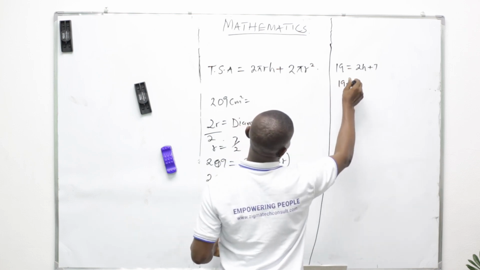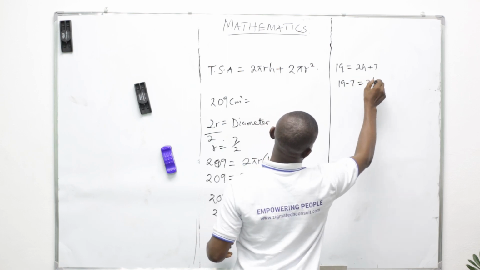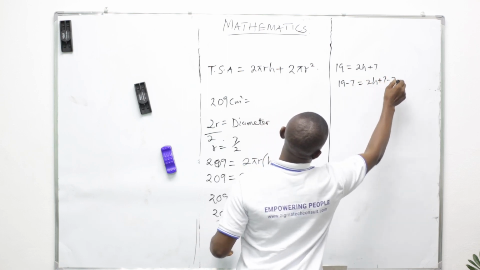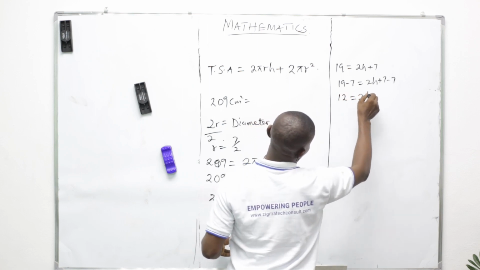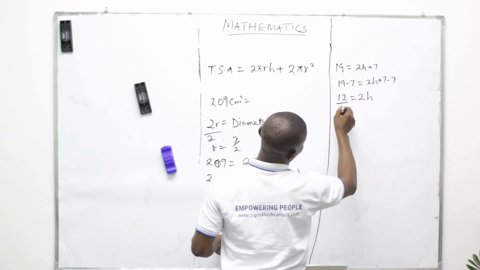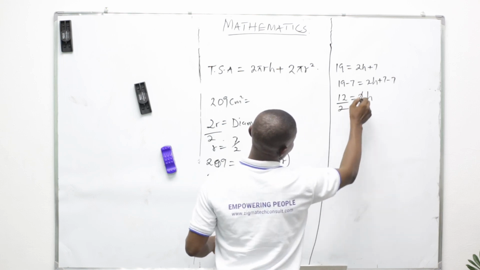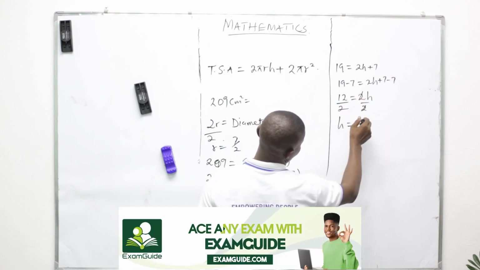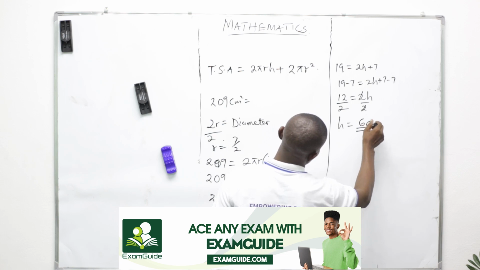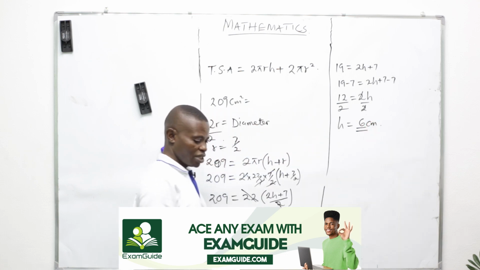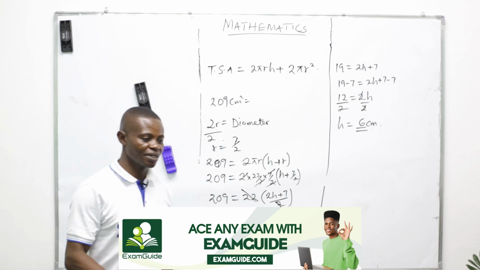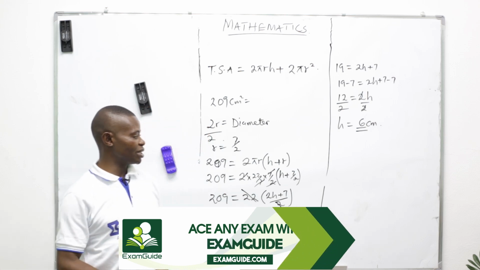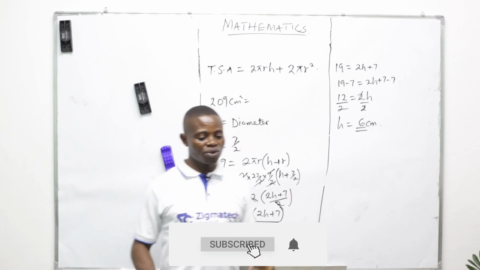Subtracting 7 from both sides will leave us with 12 equals 2h. Dividing both sides by 2 will leave us with h being equal to 6. Hence, the height of this cylinder is what? 6 centimeters.